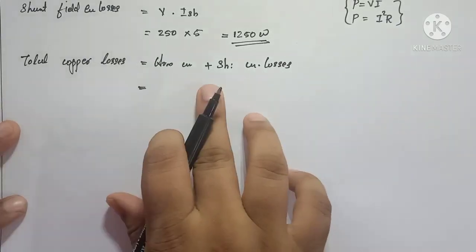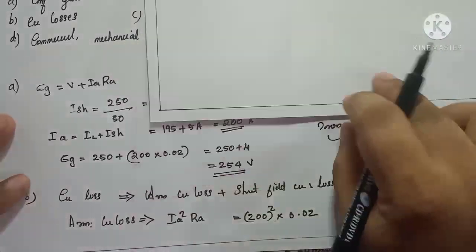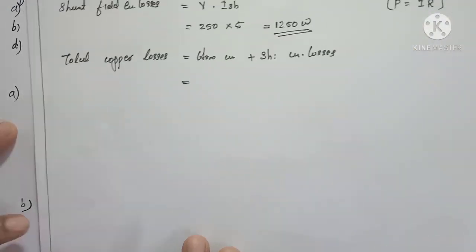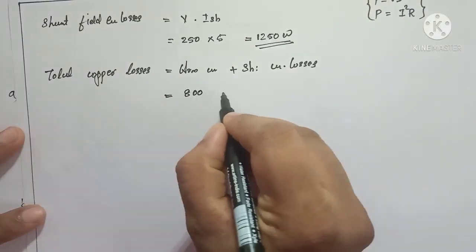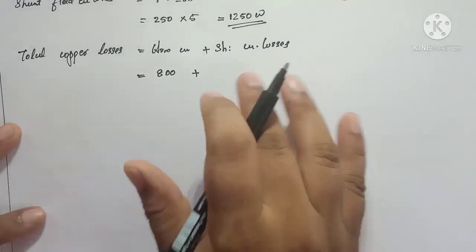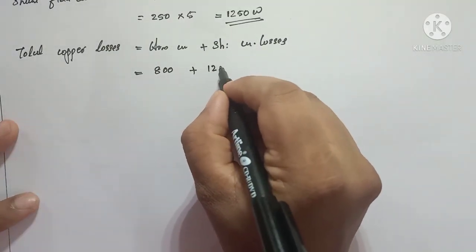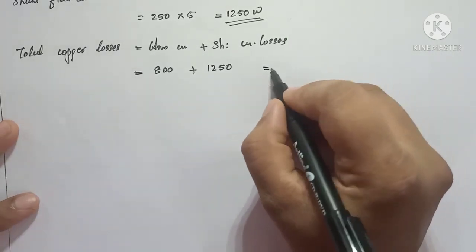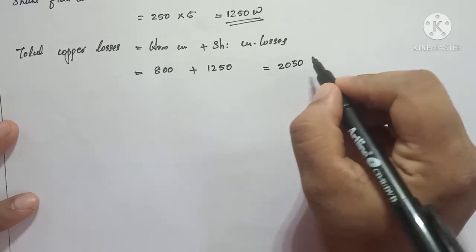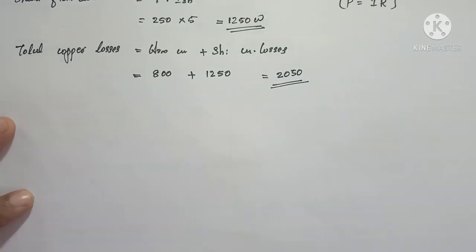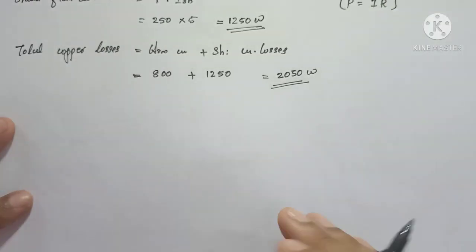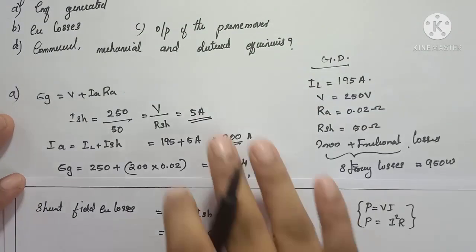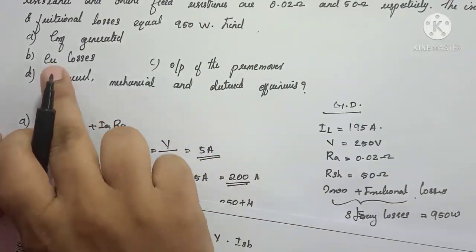Armature copper loss is 800 watts, plus shunt field copper loss is 1250, so we will get the total losses as 2050 watts. So this is the total copper losses, and we completed the second part, copper losses.